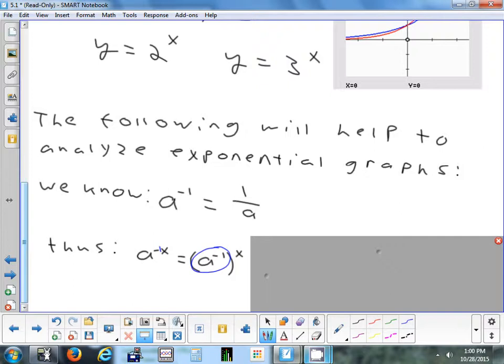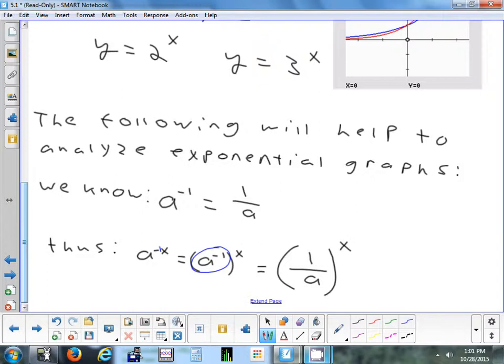How do we rewrite a to the negative 1? 1 over a. Okay, so we get 1 over a raised to the x. So all we really ended up doing was taking the base, flipping it, and writing it with a positive exponent.